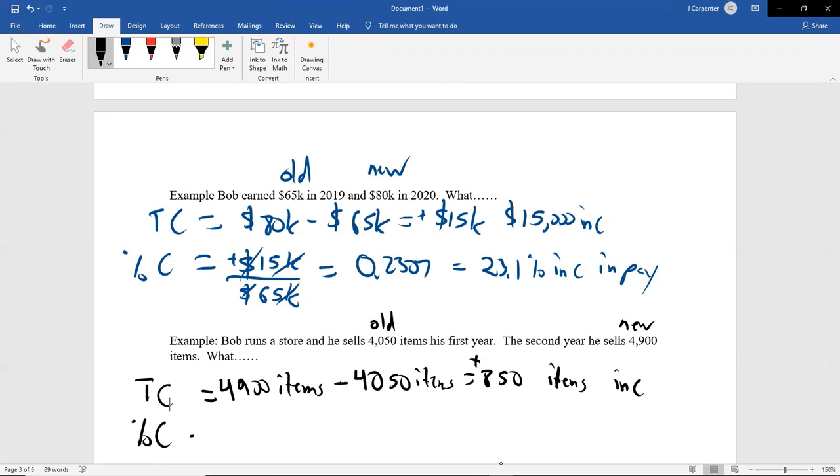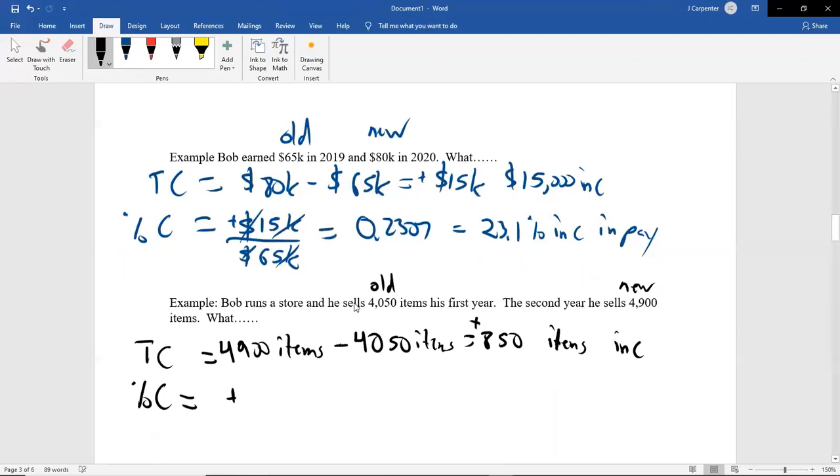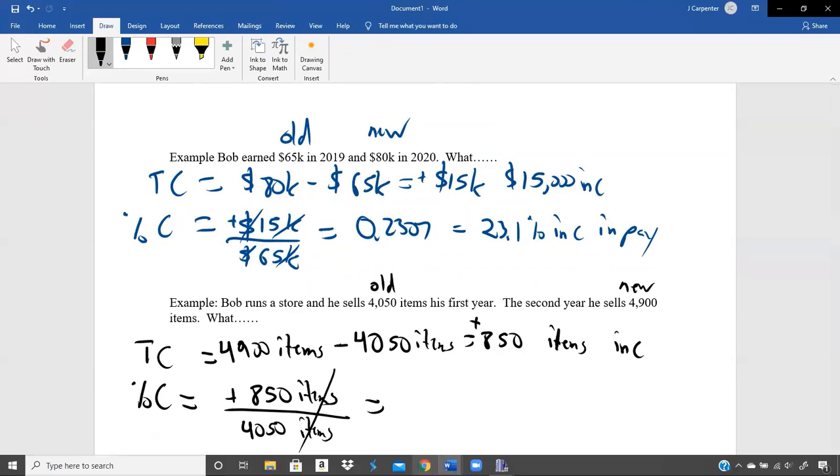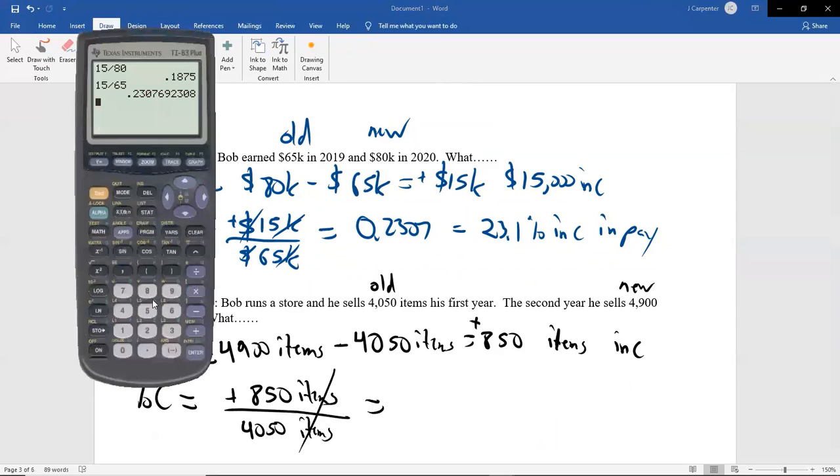All right, so percent change, the ratio of your total change, which we just got, which was the extra 850 items. And then we divide that by the original, which was the, we're not going to make any mistakes this time, the 4050 items. The item units will cancel, so we're just doing 850 divided by 4050, which is the same thing as 85 divided by 405, and you could keep reducing that.